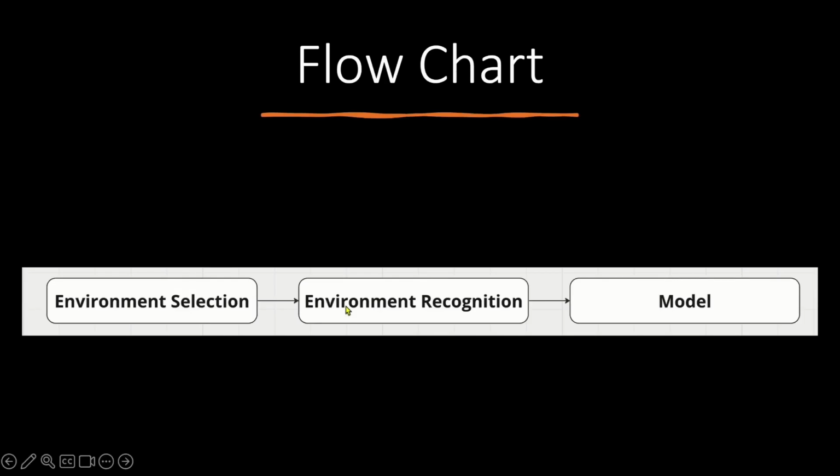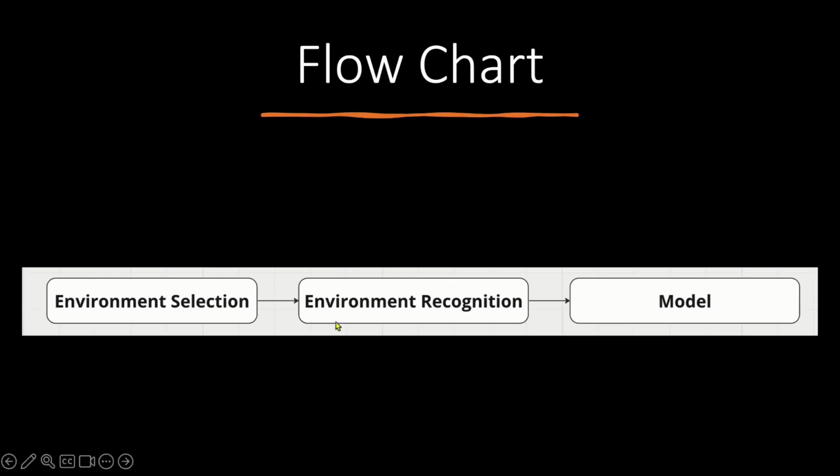Secondly, we're going to take a look at environment recognition, meaning once we have determined the environment that we are looking for specific things to occur in, we're going to look inside of this environment for other specific things to occur, to confirm whether or not the environment that we have chosen in the first place is highly probable.